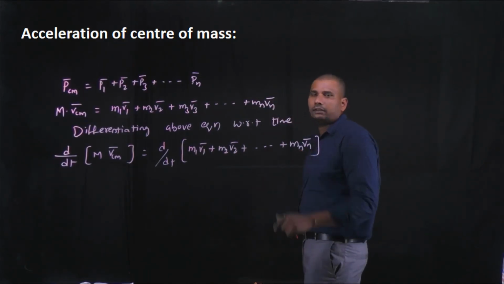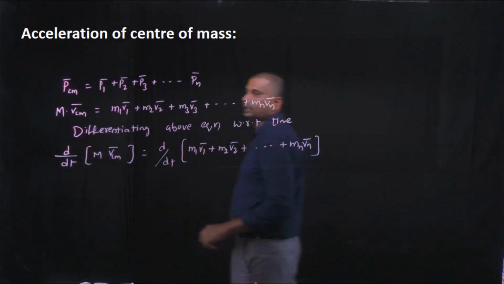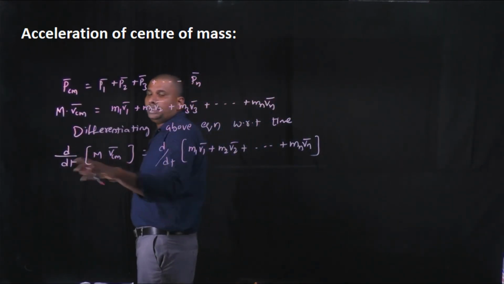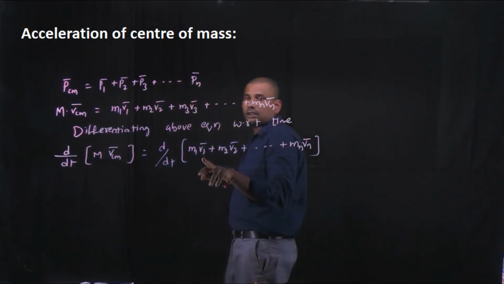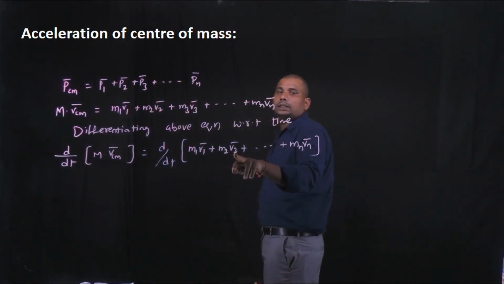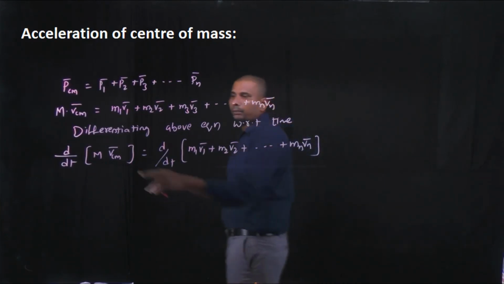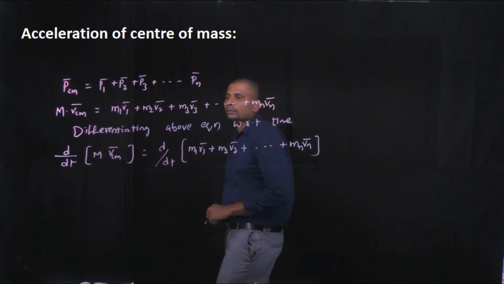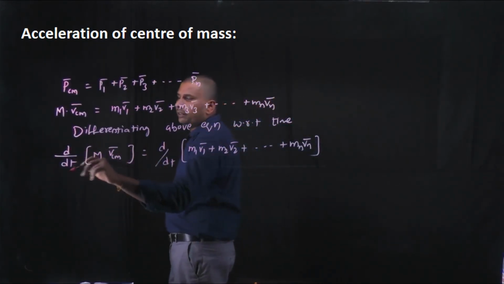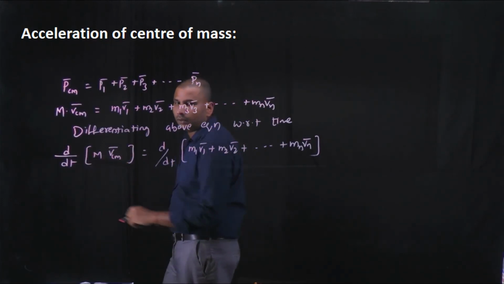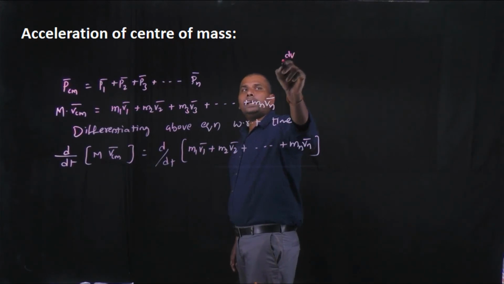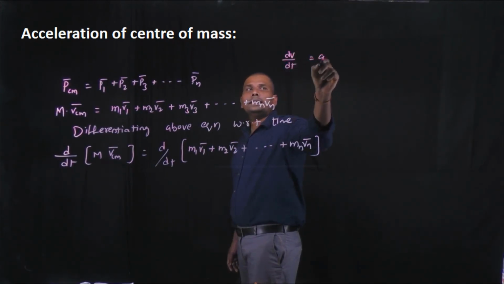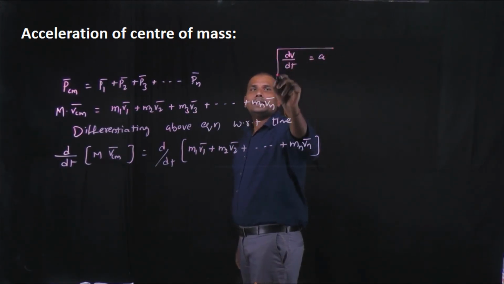All the masses of the particles also remain constant, and we differentiate the velocities. Differentiation of velocity with respect to time is nothing but acceleration, dv by dt is acceleration.